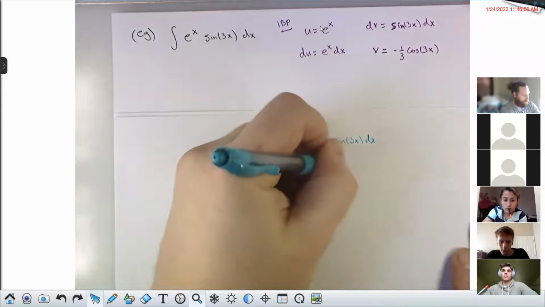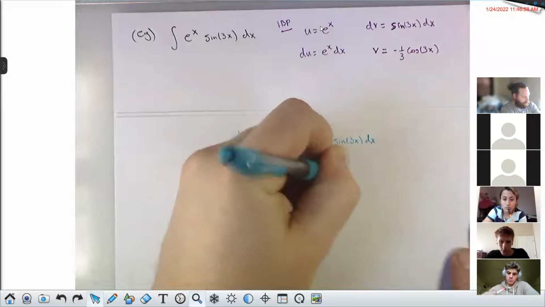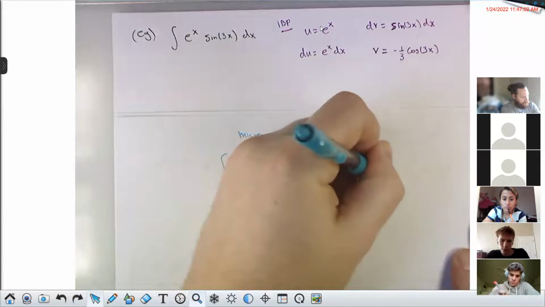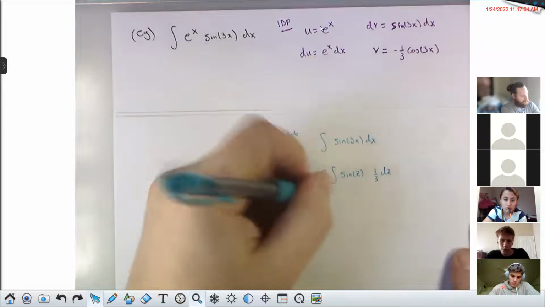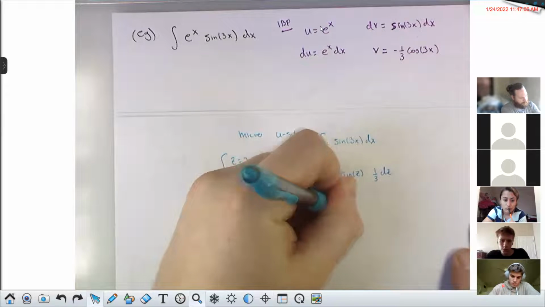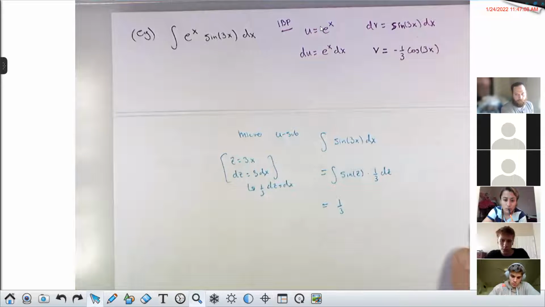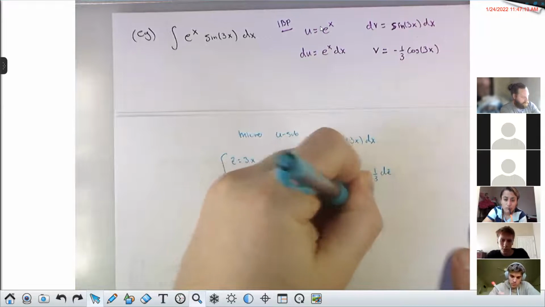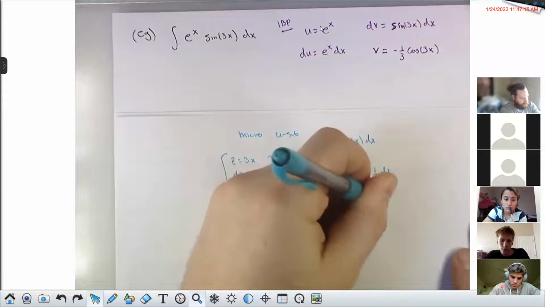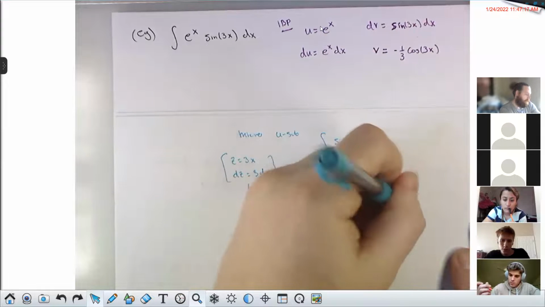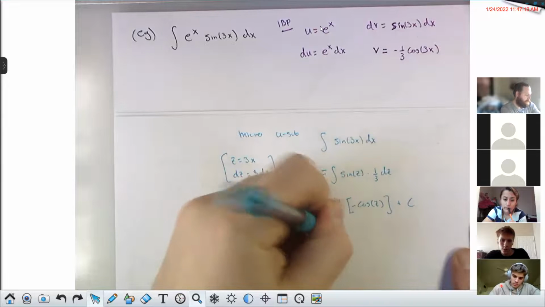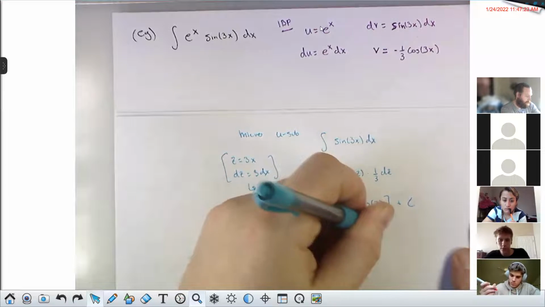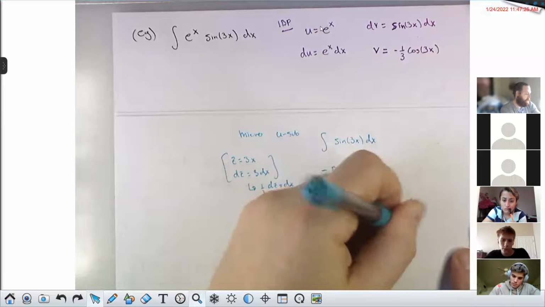So this becomes the integral of sine of z times 1/3 dz. The 1/3 pops out. An antiderivative for sine of z is negative cosine of z. You write your plus c. So this would be negative 1/3 cosine of, and then going back, z is 3x.